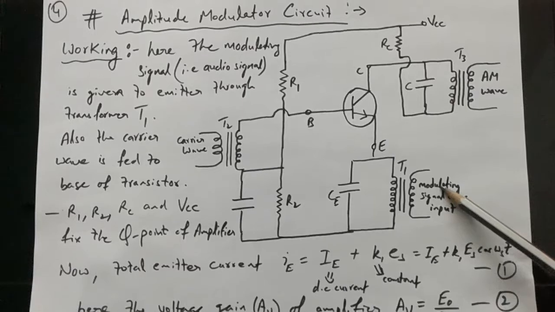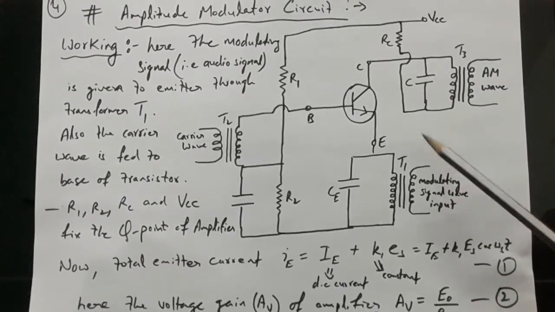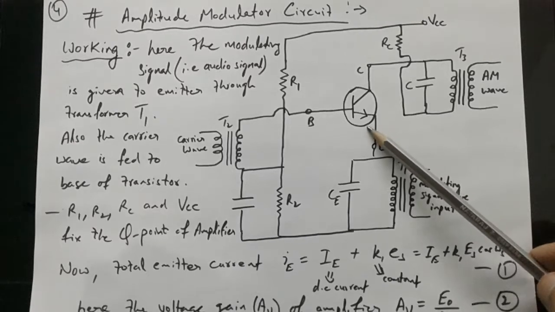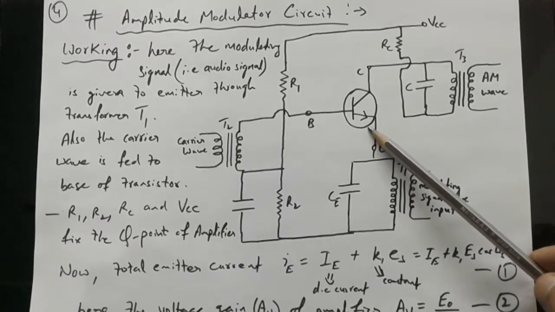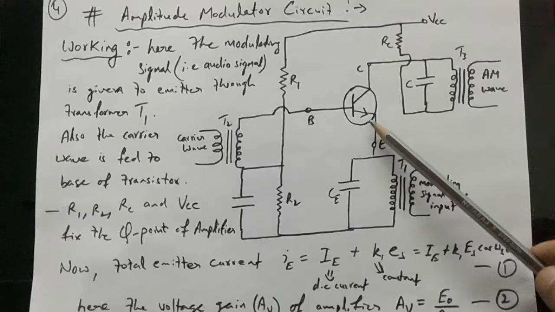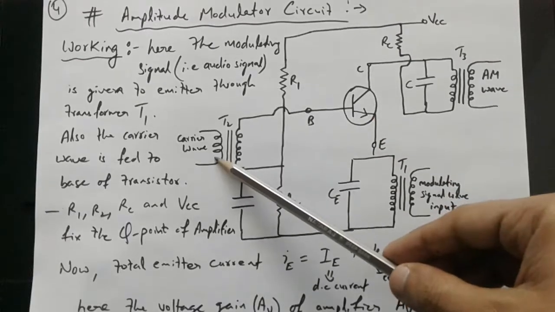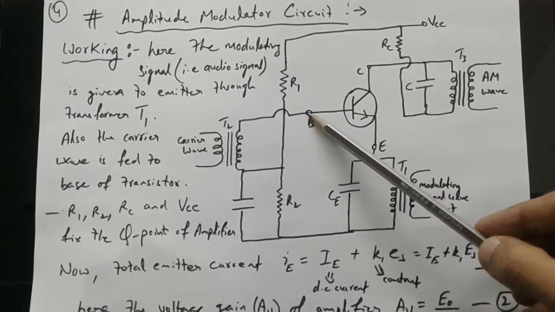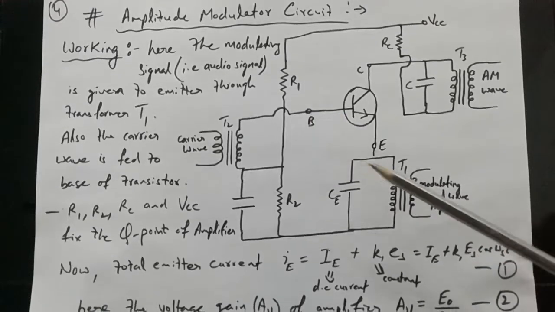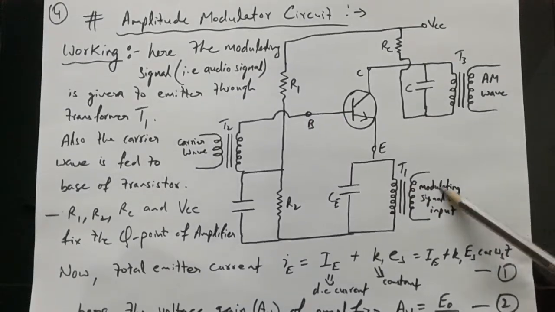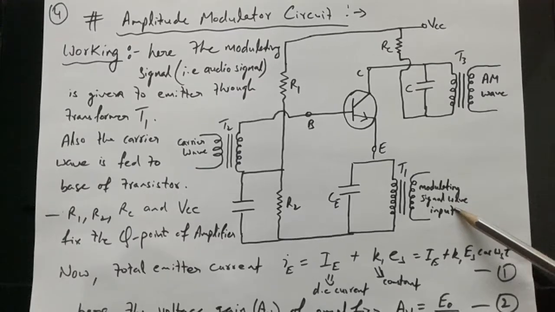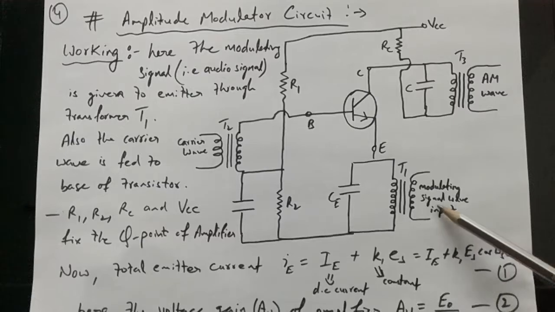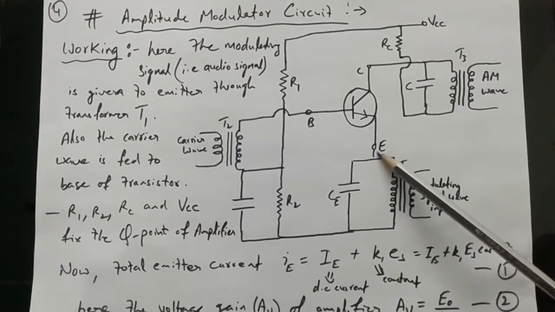If we study this circuit, we have a common emitter transistor amplifier. The carrier wave is given to the base of this amplifier, and the audio signal, or the modulating signal, is given to the emitter of the amplifier.